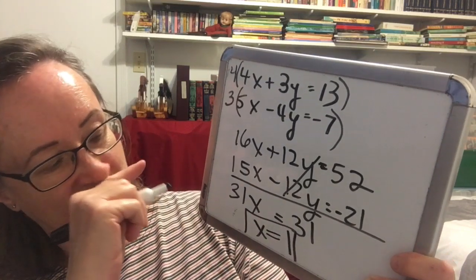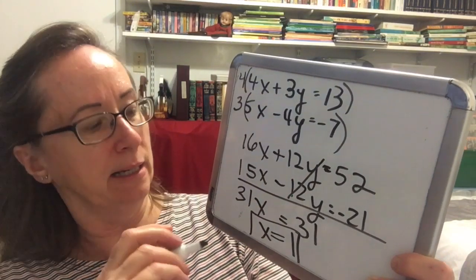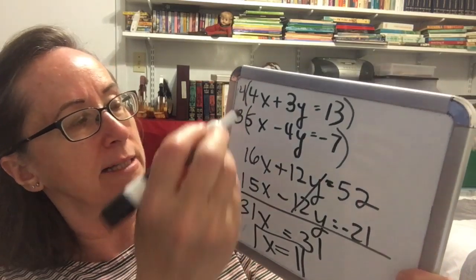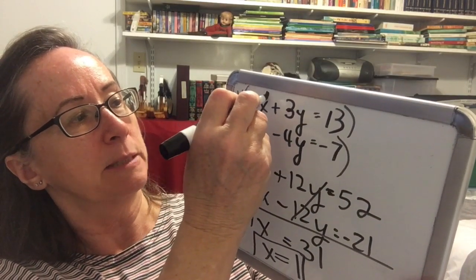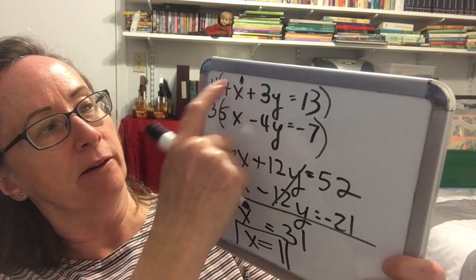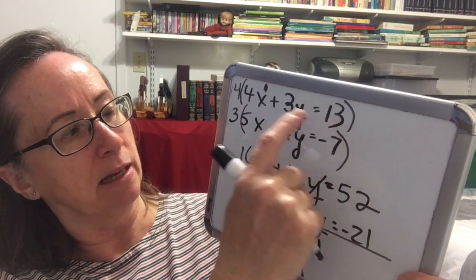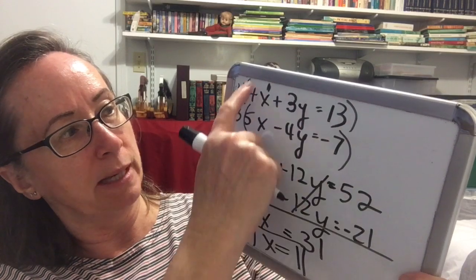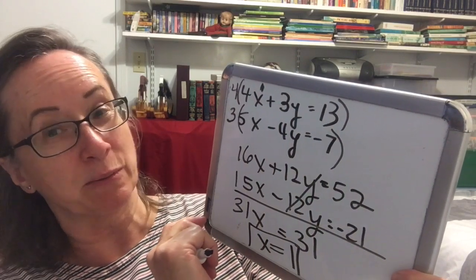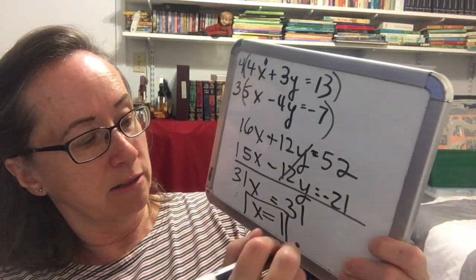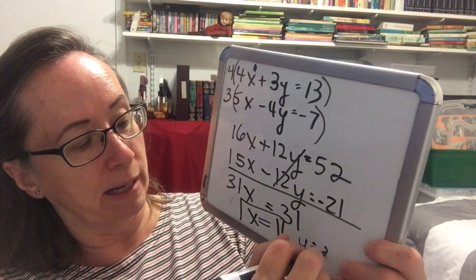So now that we found x, we can go back up and find y. So let's go back up here and let's put our x as 1 right there in the first one. And we get 4 plus something is 13. 3y must be, if we subtract the 4 from both sides, we get 3y is 9. So that would give us y is 3.